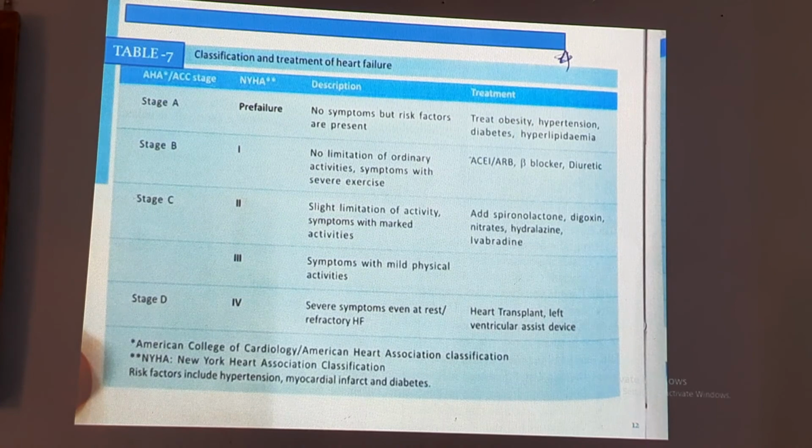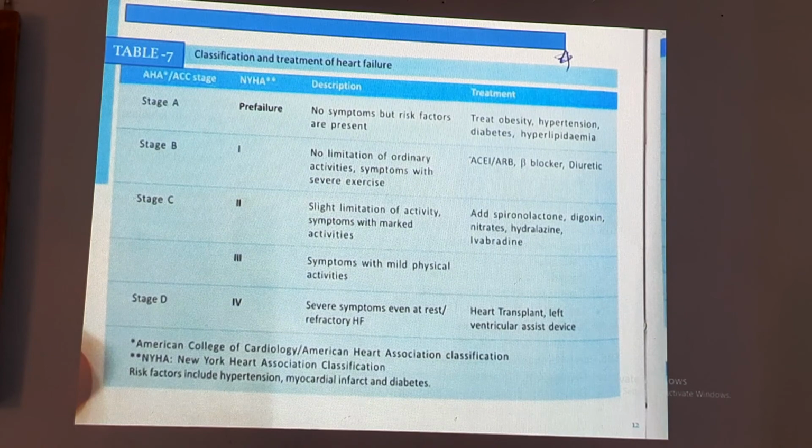Stage 3: slight limitation of activity, symptoms with marked activity. For treatment, besides the above drugs, that is ACE inhibitors, ARBs, beta blockers and diuretics, we have to add spironolactone, digoxin, nitrates, hydralazine and ivabradine.